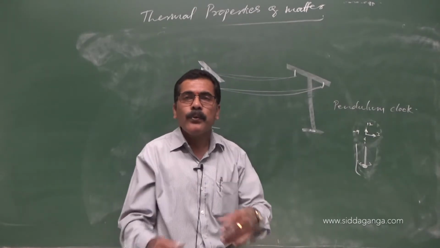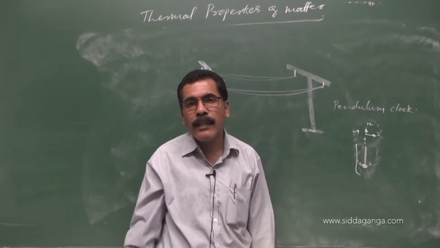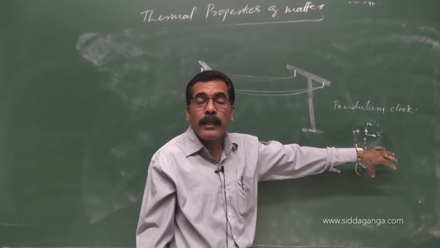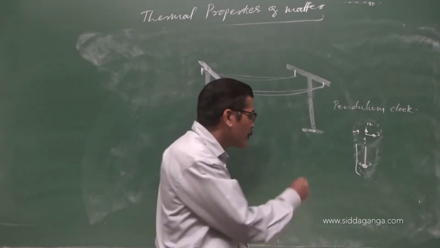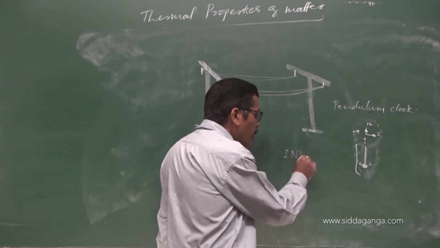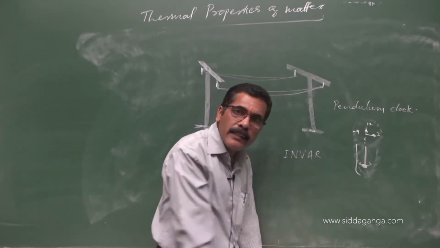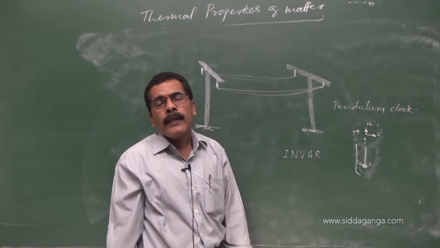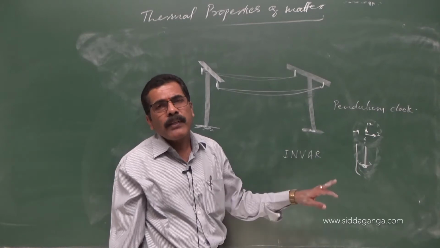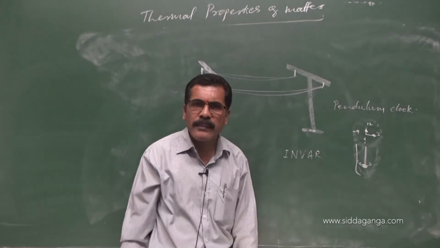Later on, to make a correction, they made use of an alloy called Invar. The term Invar refers to invariable. It's a special type of alloy. The interesting thing is that its expansion is extremely small.